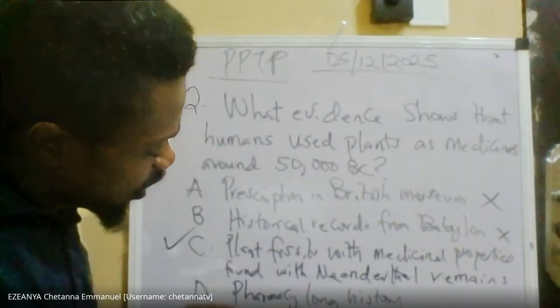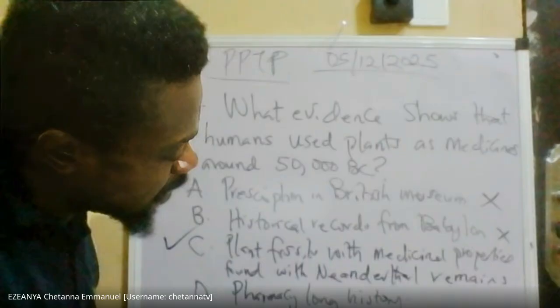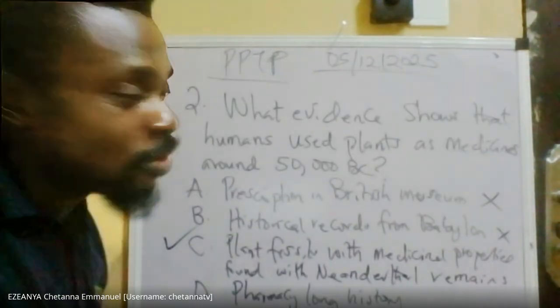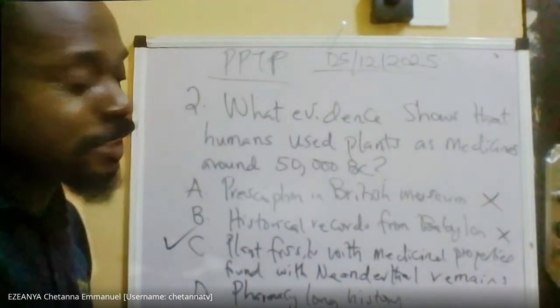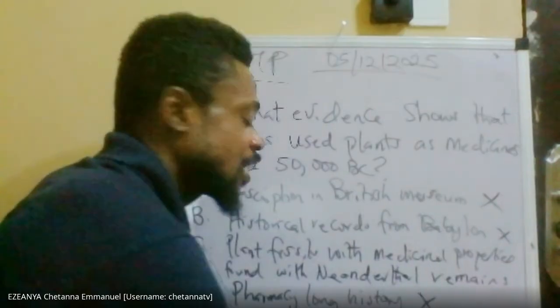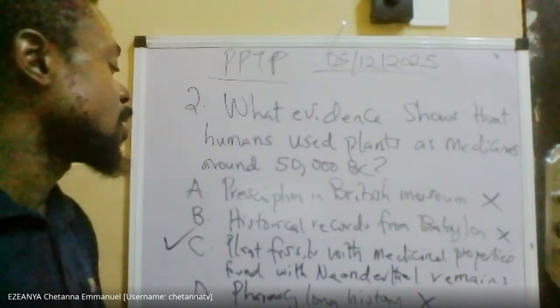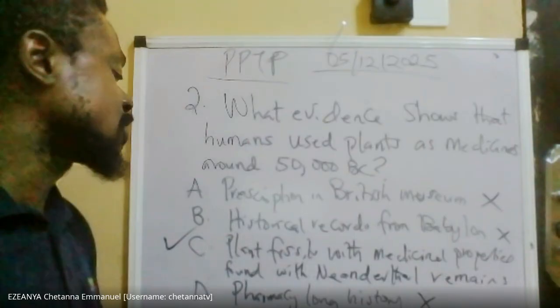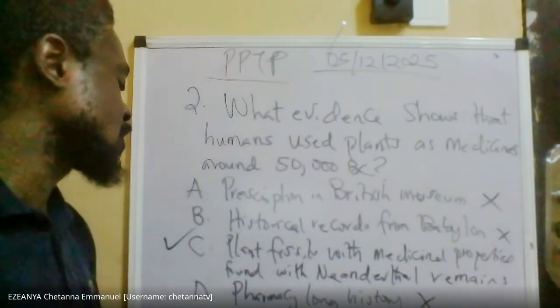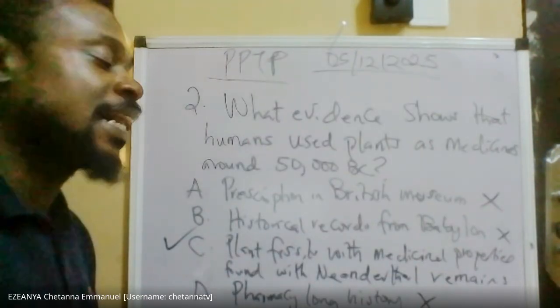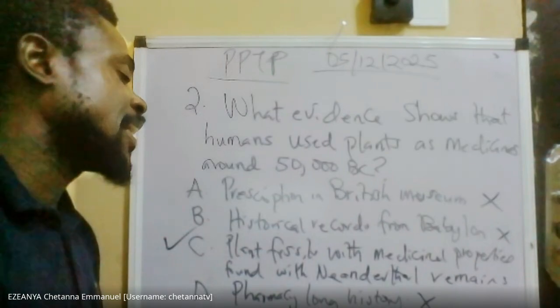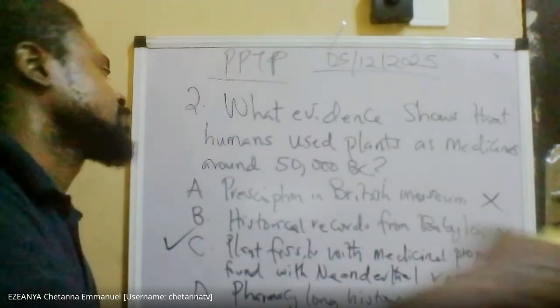But this whole thing, this pharmacy long history, even though it's true, has no business with the question. So that renders this incorrect. So the answer is what? C. Plant fossils with medicinal properties found with Neanderthal remains. All right.